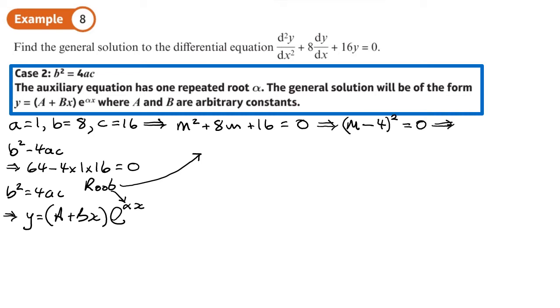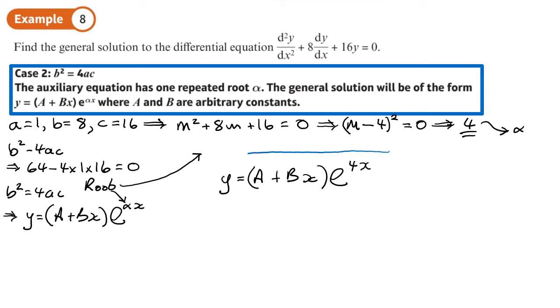So the single repeated root is 4. Okay, so that's my value of alpha. So all I need to do is just plug that in. So the general solution is y equals a plus bx and then e to the 4x.